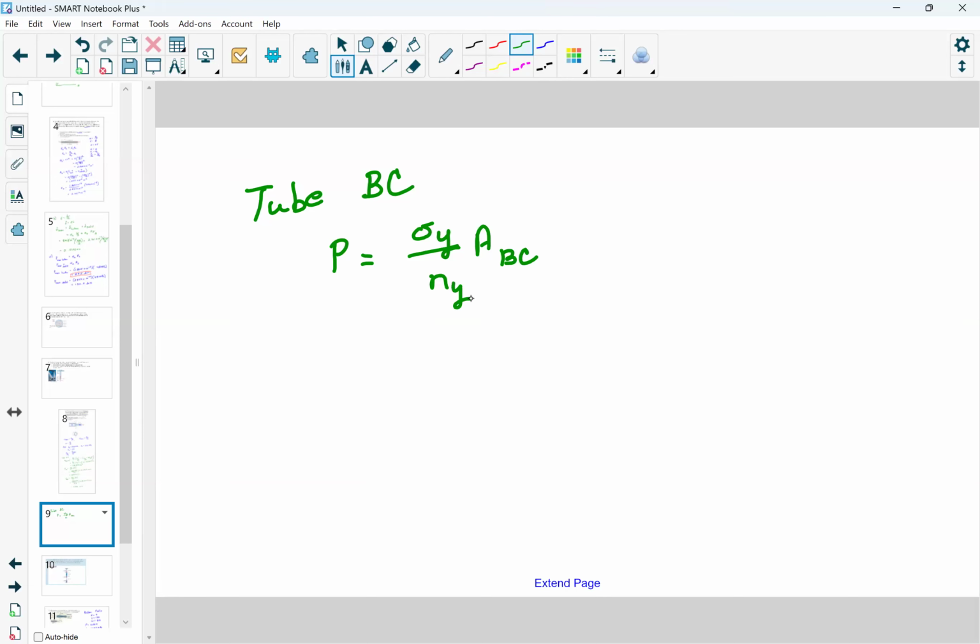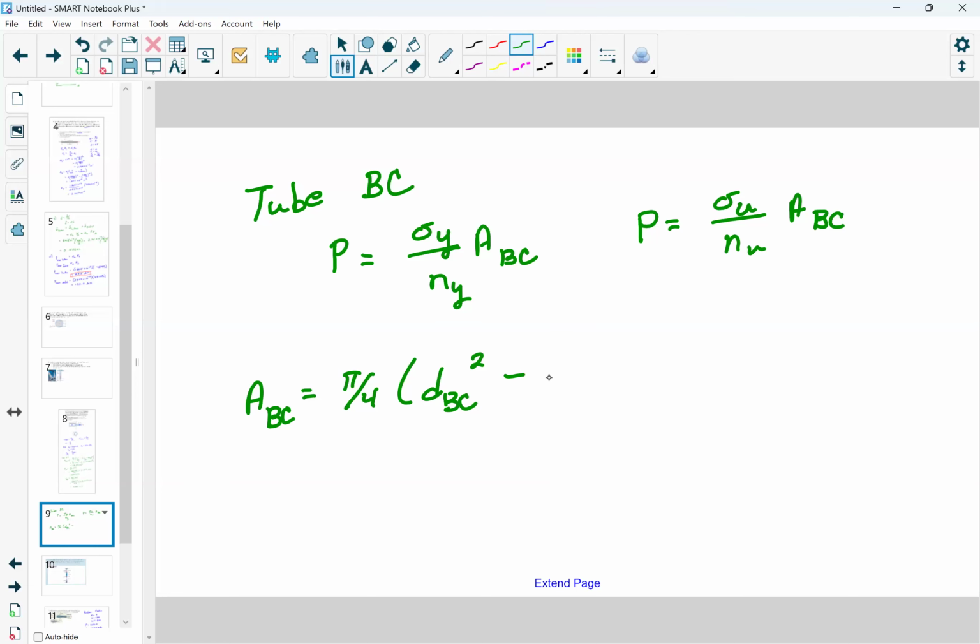I'll call it n sub y. And then P is going to be sigma u over n sub u times the area of BC. So to find the area of BC, this is that second tube, pi over 4 times D of BC squared.